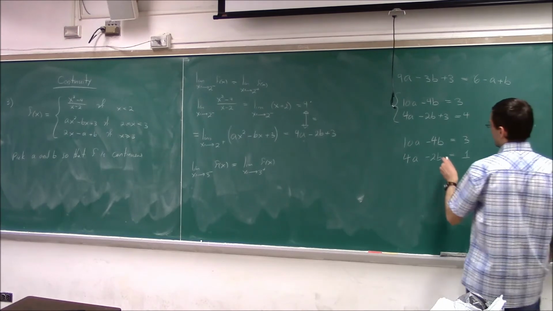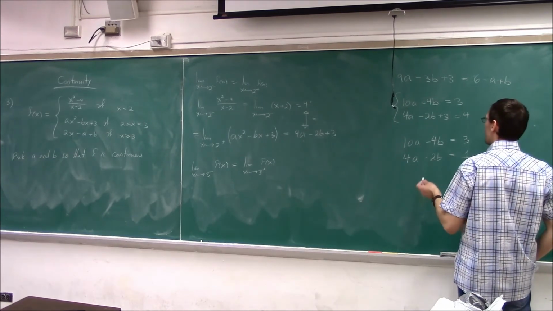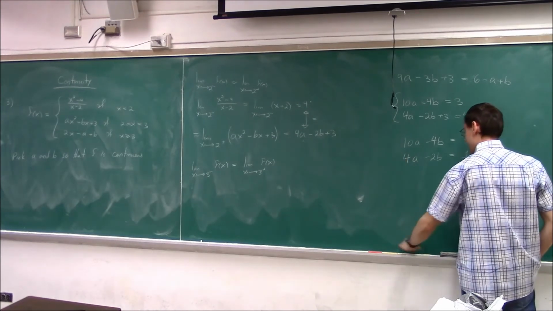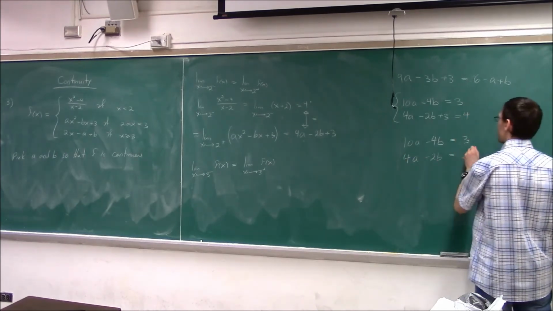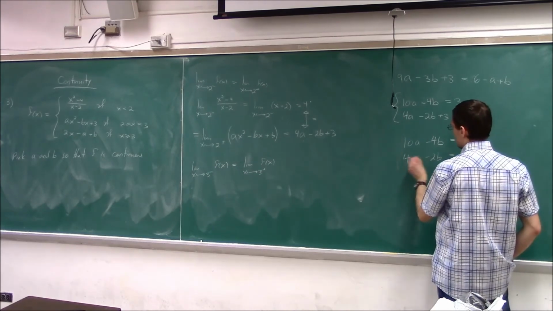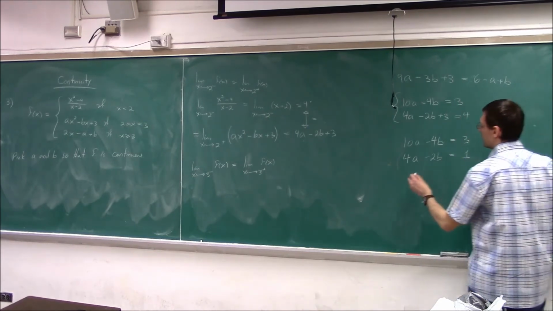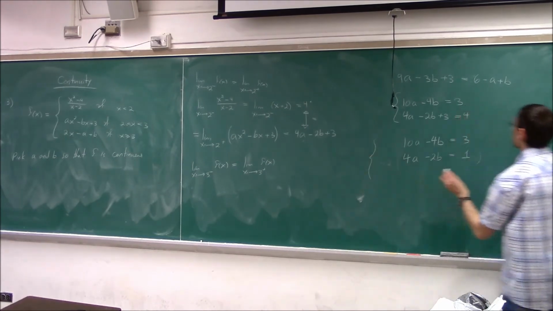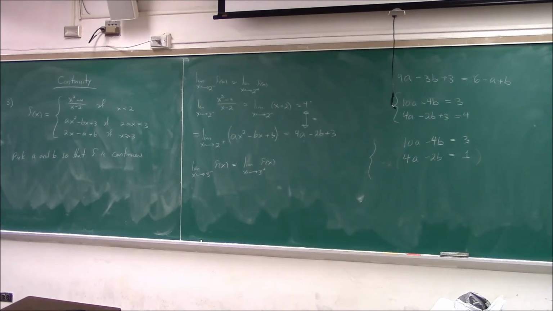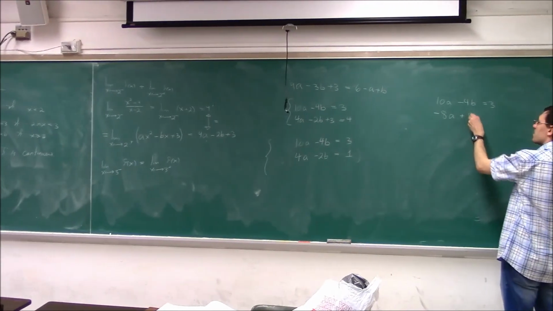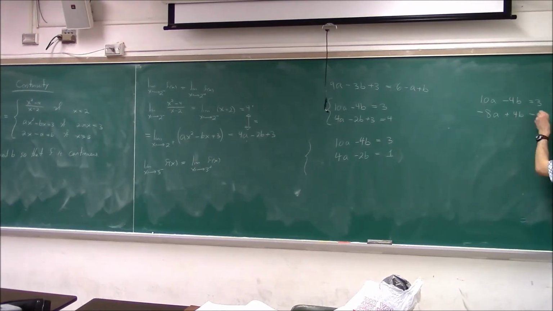So we can solve, for example, for a, so we'll multiply this times minus 2. And then we obtain another system of equations, which is 10a minus 4b equal to 3, and minus 8a plus 4b equal to minus 2.